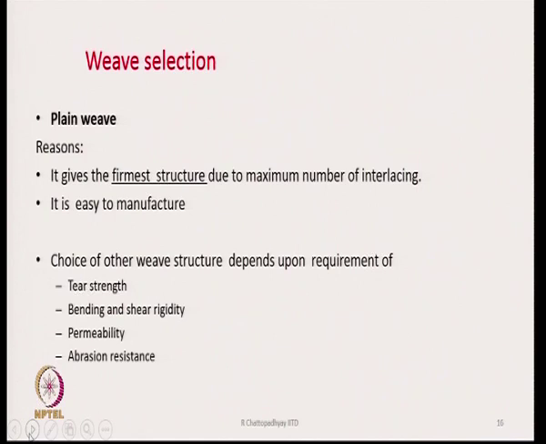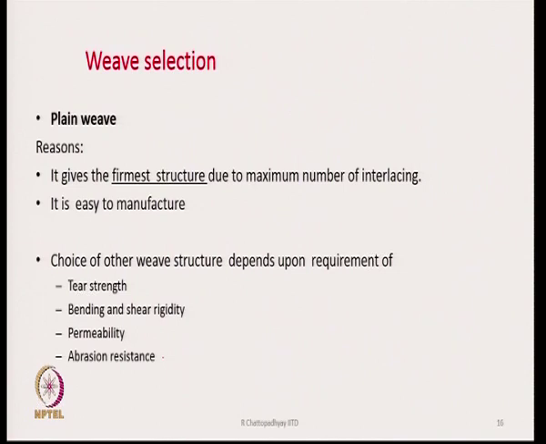The choice of other types of weave, which you may be familiar with, will depend upon what sort of tear strength we need, or bending and shear rigidity, or permeability values, or abrasion resistance. So, different constructions give you different types of tear strength from the same yarn, or bending and shear rigidity may also change if we change the constructional parameters or the design of the weave.